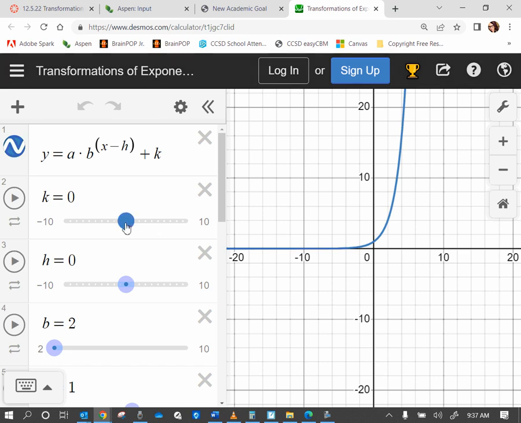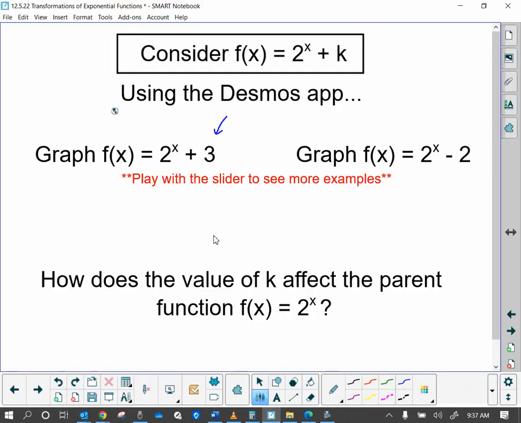So this is when k is 0. If we move k, so if it's plus 3, what's the graph doing? Going up. So you can conclude, if you add 3 to the end, it's a vertical shift up 3 units.